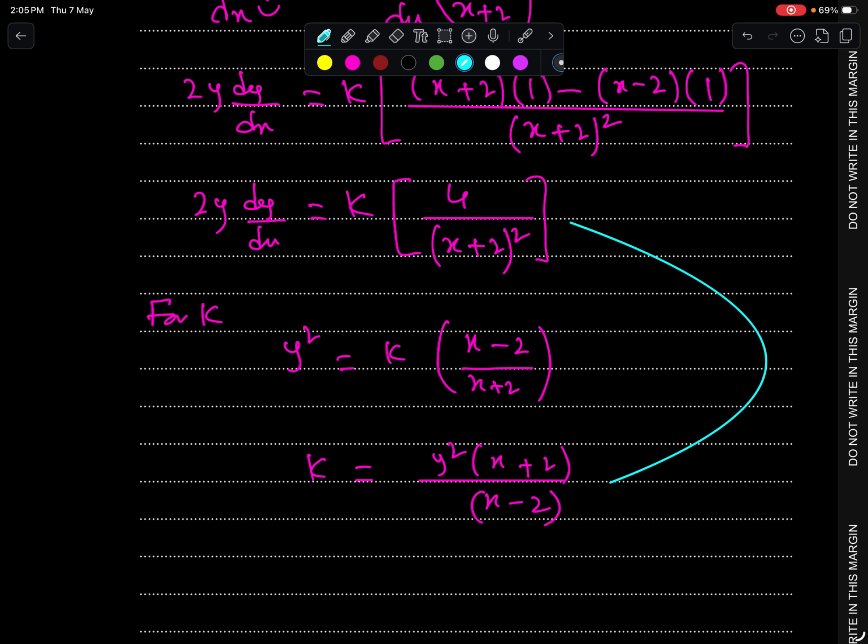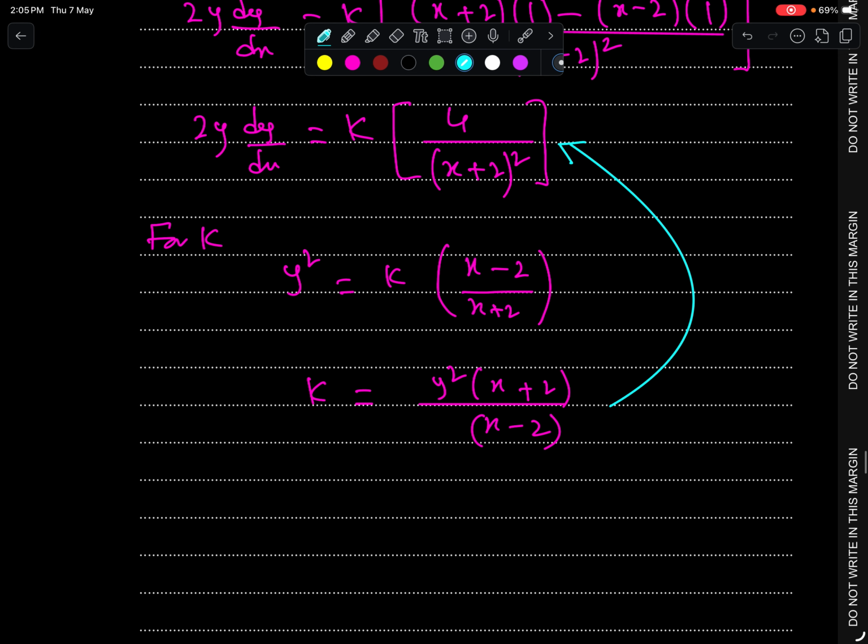Now substitute k into this equation. Substitute k here. Therefore we have 2y dy upon dx.